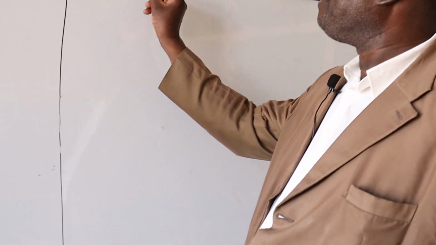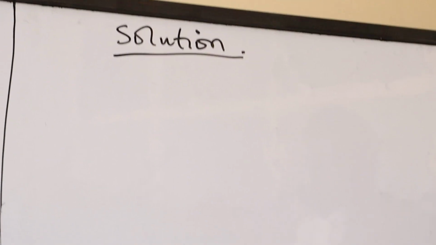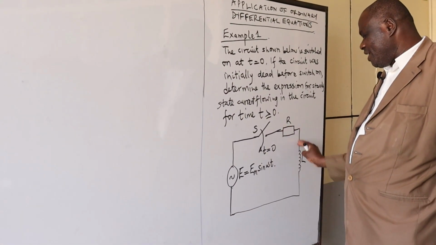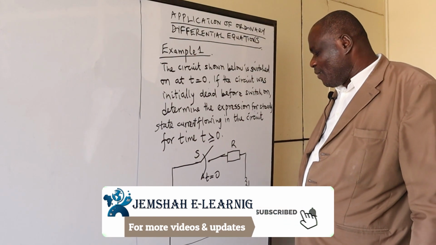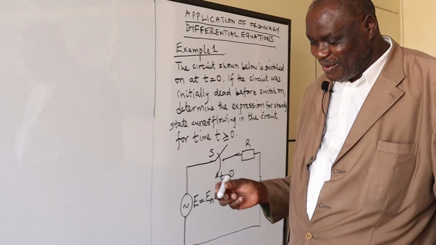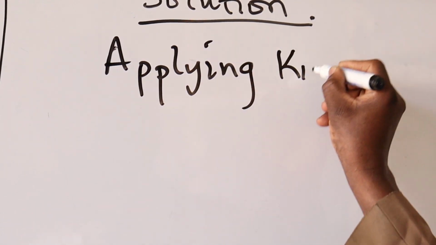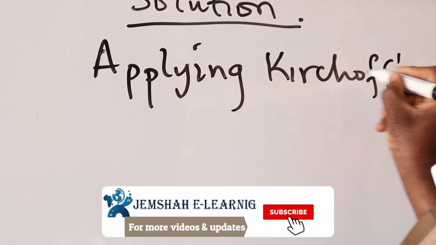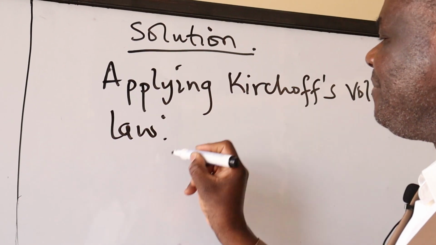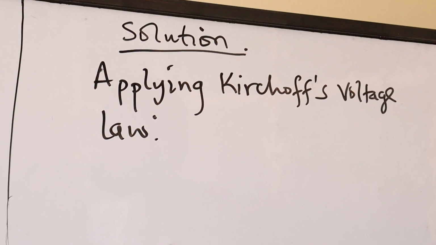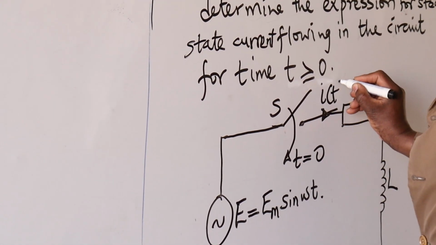So in our solution, since this is a circuit, and we would like to relate the voltage drop to the EMF in that particular circuit, we say now, applying Kirchhoff's voltage law, the current that is flowing through this circuit, we are going to call it i as a function of t.